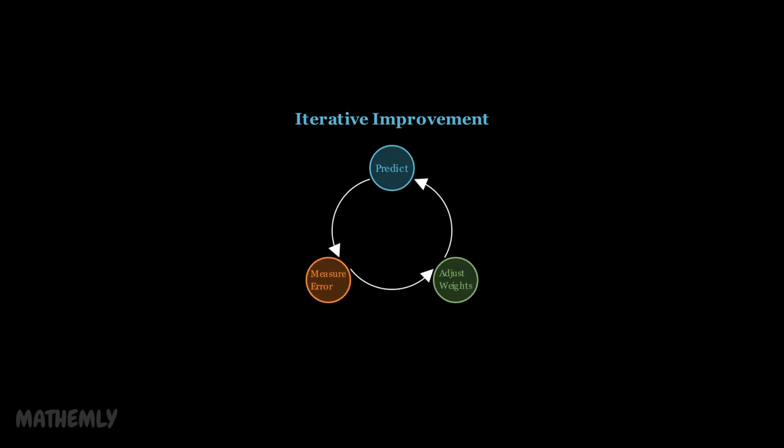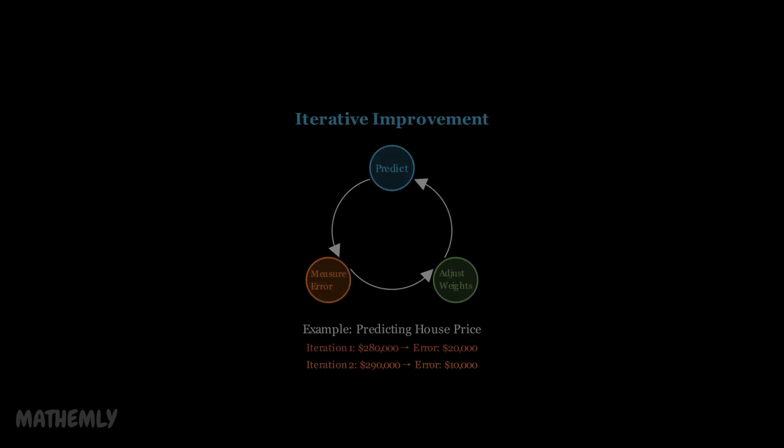Learning works best when changes happen gradually. After the weights are updated, the network runs forward again with these new values. Maybe this time, the prediction improves from $280,000 to $290,000. By repeating this cycle, predict, measure the error, and adjust, over thousands of examples, the network steadily improves, step by step, its predictions move closer to the correct house prices.